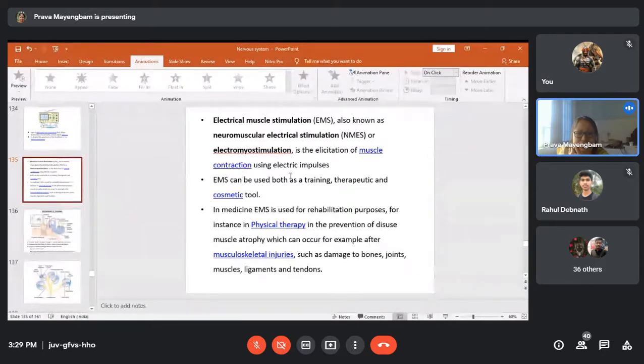impulses. Some electrical impulses are given to the muscle, and the muscle will perform its functions, contractions or relaxations.